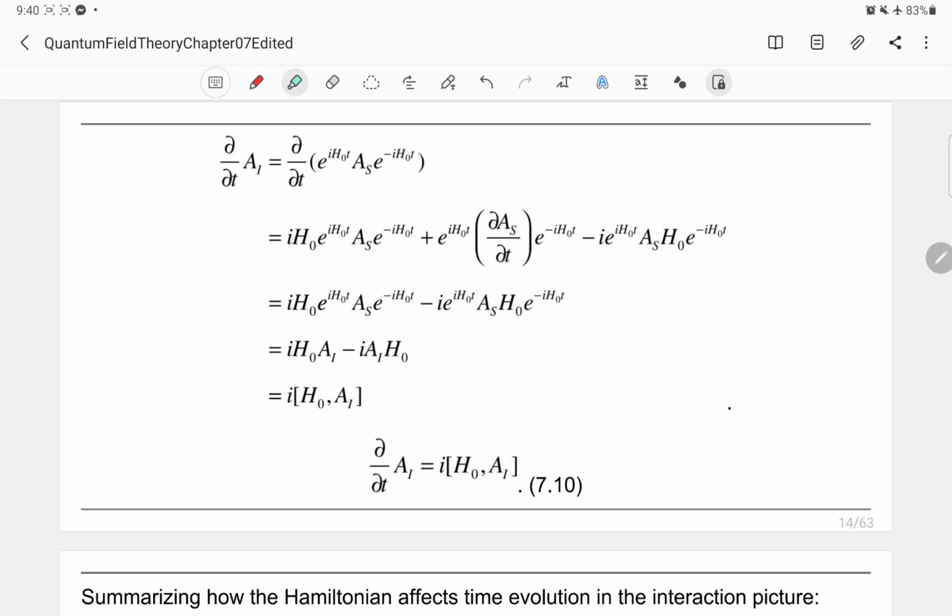So if we get the time derivative of AI, and of course AI is given by this one, we'll be getting three separate derivatives, one for each factor. This one will just have to be 0, as it is time independent.